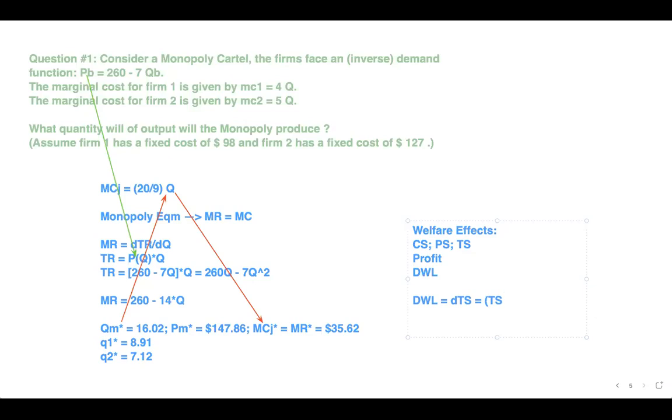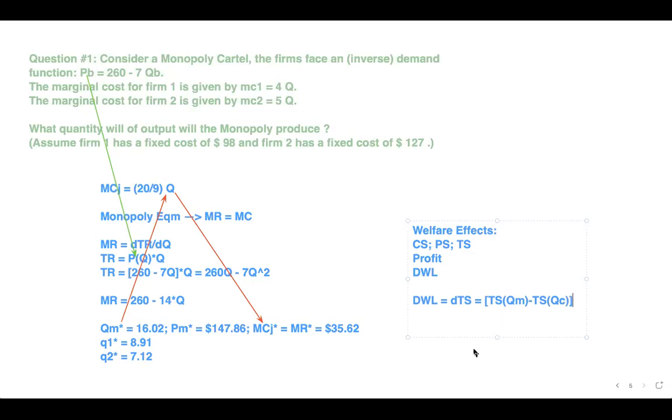So I could call this total surplus, and maybe I should write it with different brackets just to make it look a little bit cleaner, at QM, right? Minus the total surplus at QC for competition.